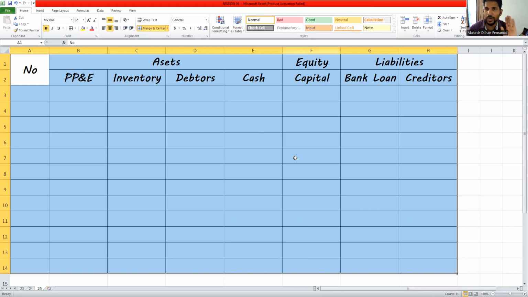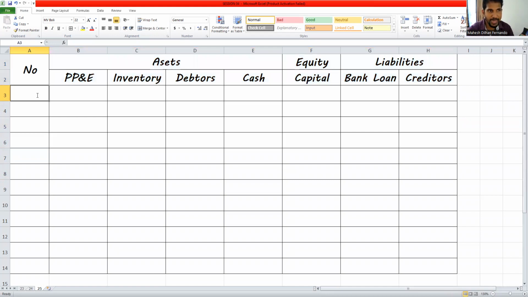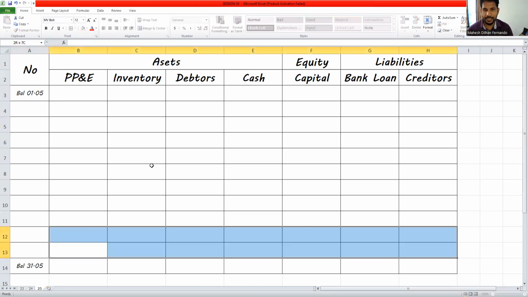Just draw the right columns, and then at the top we record the balance as at 1st of May. And we finally obtain the balance as at 31st of May. Later we can calculate the non-current assets, current assets, and everything.